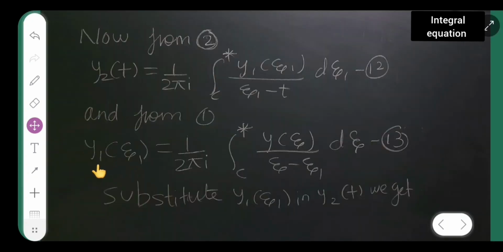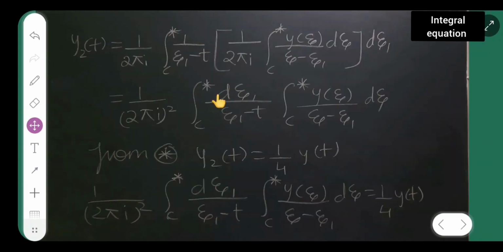So y1 of xi1 is equal to 1 upon 2 pi integral from c to star y of xi upon xi minus xi1, so wherever there was t, I have replaced it by xi1, into dxi. Take this as 13. So substitute y1 of xi.